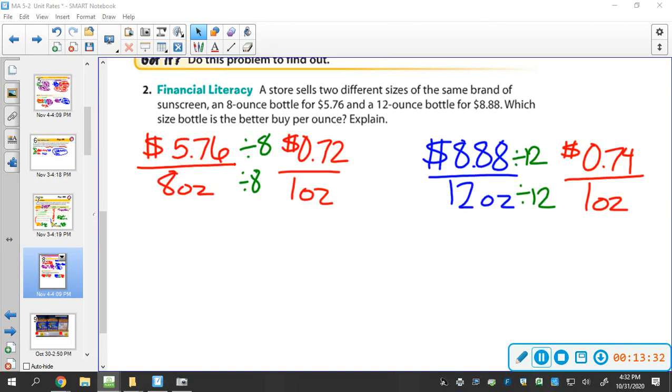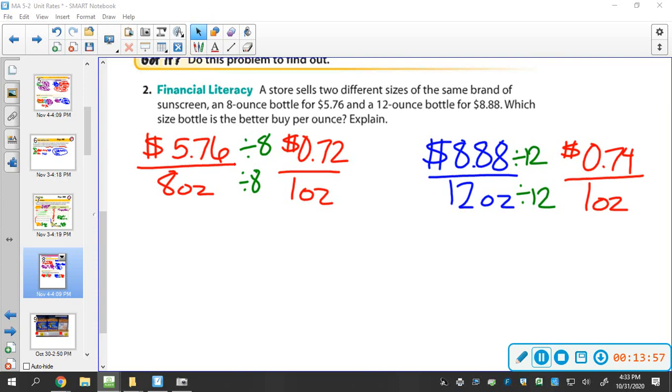When we take a look at the work, we see that the first bottle was $5.76 for 8 ounces. That means when we find per ounce, it's 72 cents per ounce. On the second bottle, it was $8.88 for 12 ounces. So when we find the per ounce there, it's 74 cents per ounce.